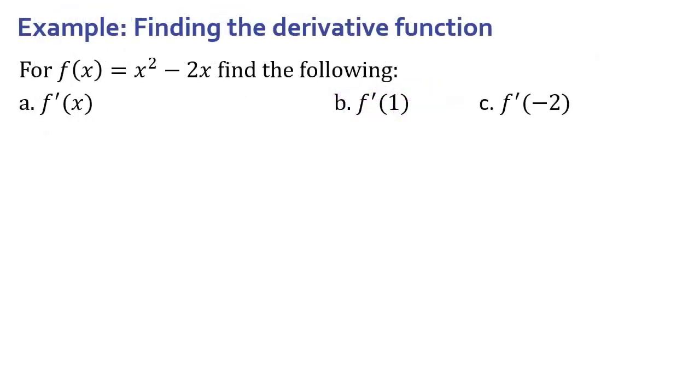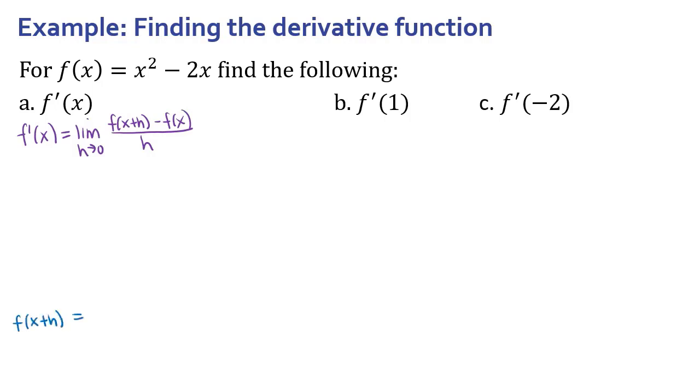Okay, so for f of x equals x squared minus 2x, find the following. F prime of x. We'll use that formula we just were taught, the limit as h approaches 0 of f of x plus h minus f of x all over h. I always do these as little side notes so I don't get too much stuff in one spot.